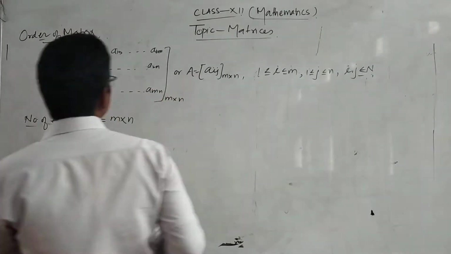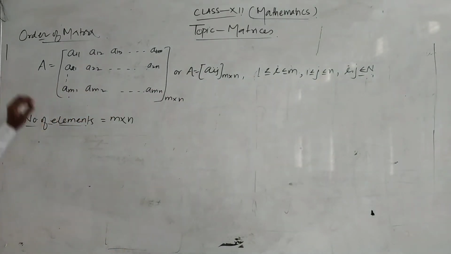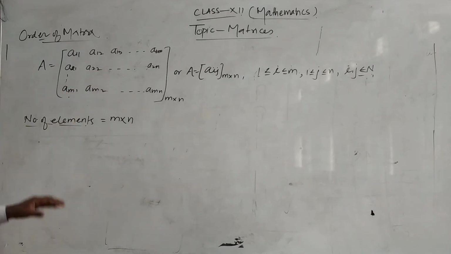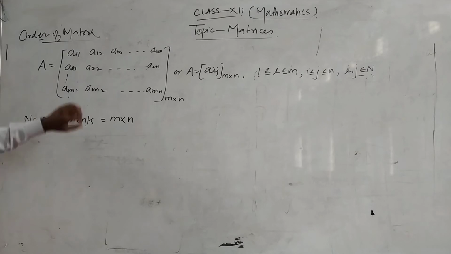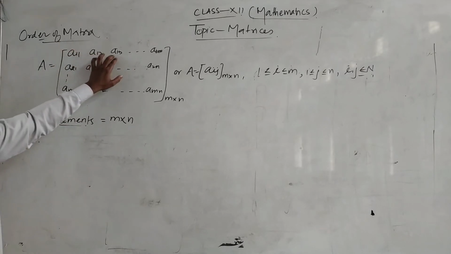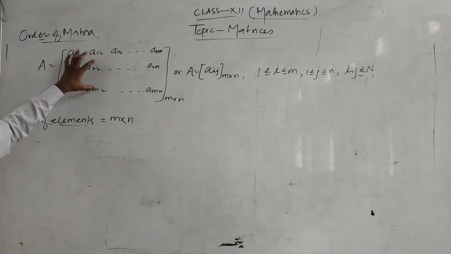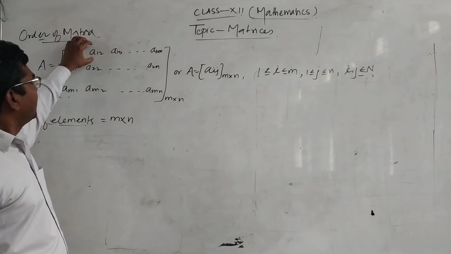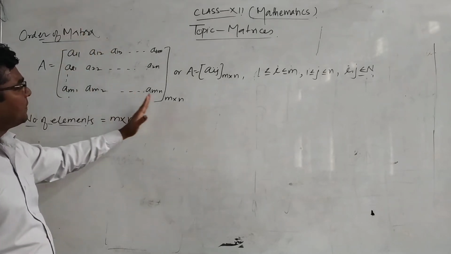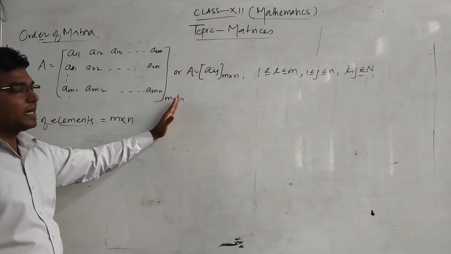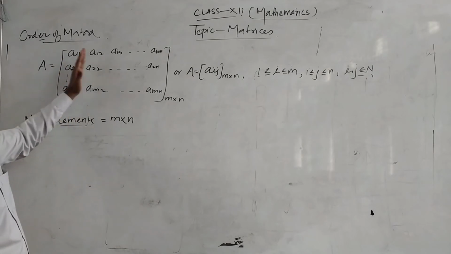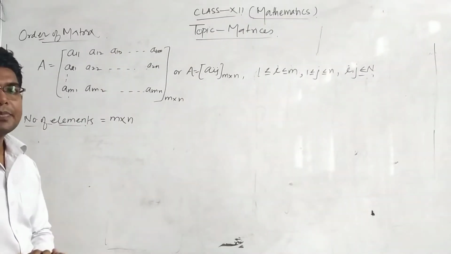Now our next part is the number of elements in a matrix. These are the elements. We want to find out the number of elements in the matrix. So what will we do? We will just multiply the number of rows by the number of columns. So we get the number of elements or number of entries of the matrix.